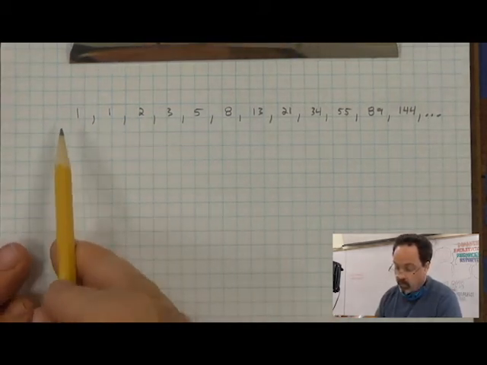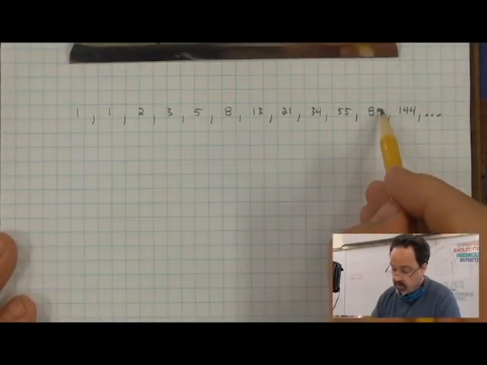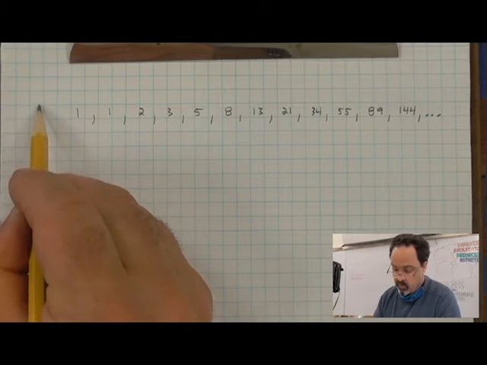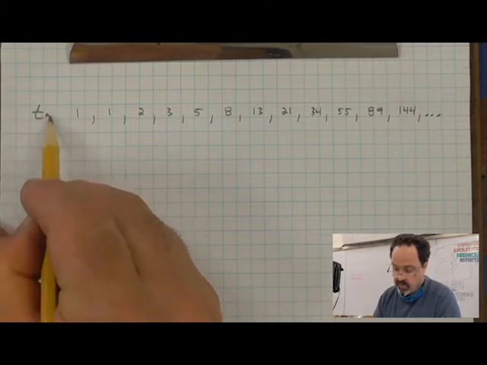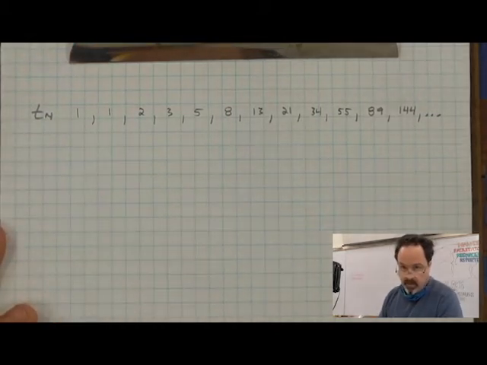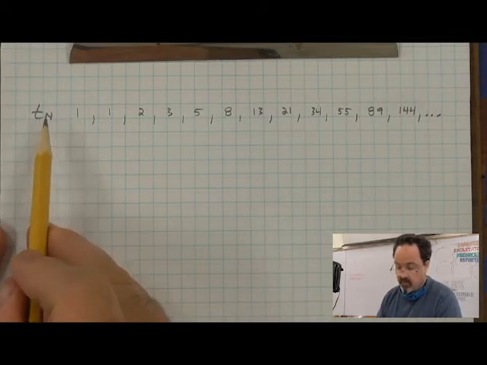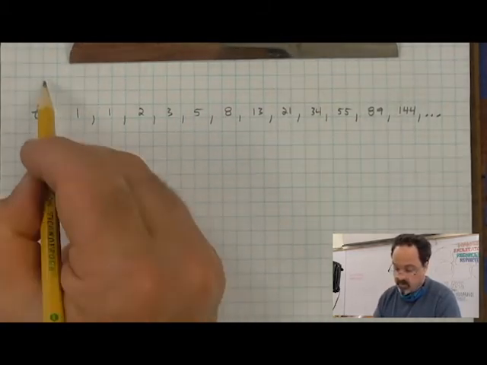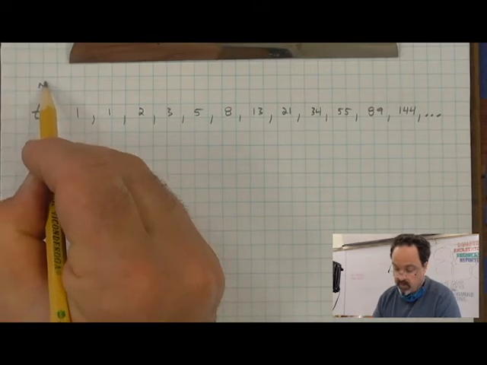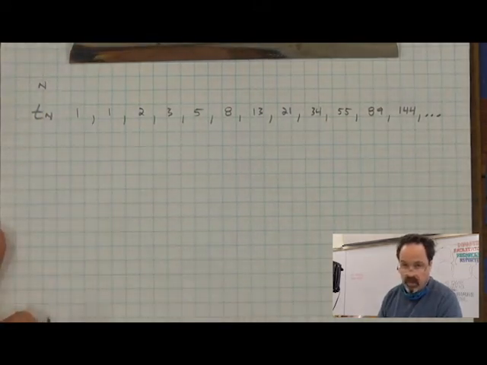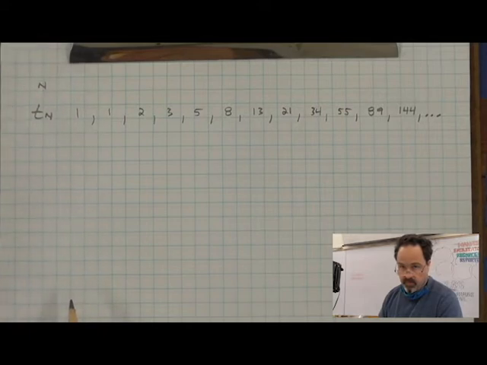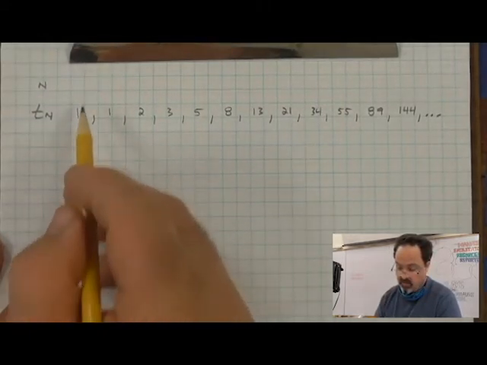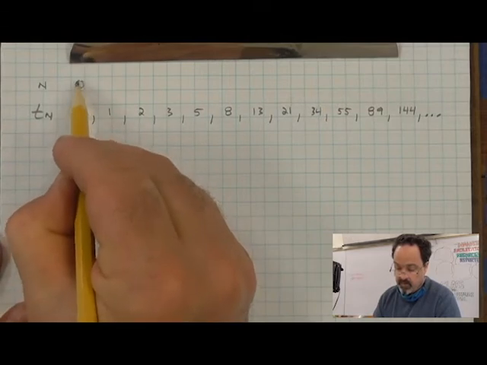Let's talk a little bit more about the sequence of numbers. We know that when we have a sequence, we can use notation t sub n to stand for the value of the nth term of the sequence. And because a sequence is ordered, we use n to stand for any position in that sequence, where the initial position is 0.